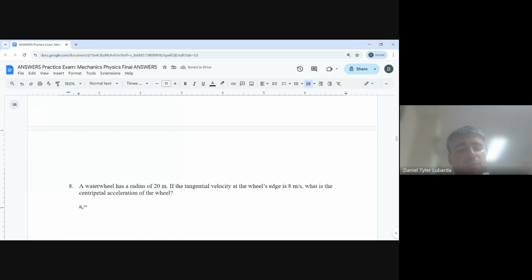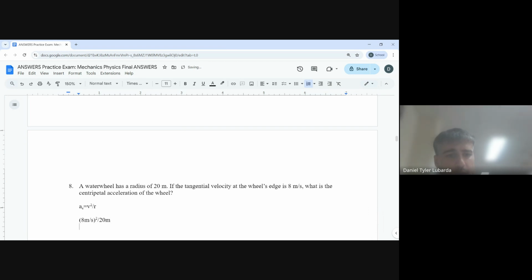Centripetal acceleration is equal to the tangential velocity v squared over r. It's pretty easy to solve. We're going to do 8 meters per second, but all of that gets squared, divided by 20 meters.